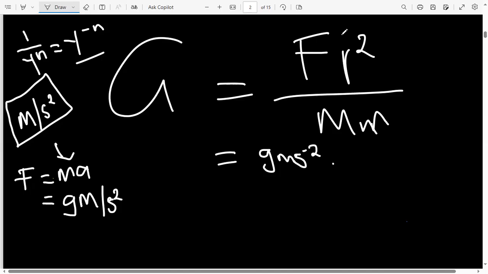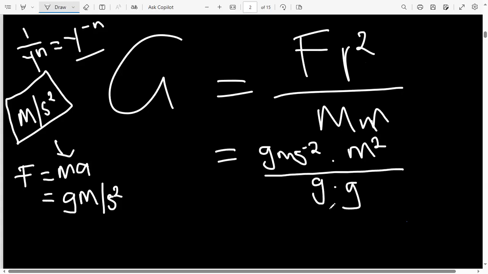Then multiplied by, what are the units for r? R is the distance, so it is meters. Since r is squared, we're going to say squared. Then divided by m and m, we're going to say g and g here.